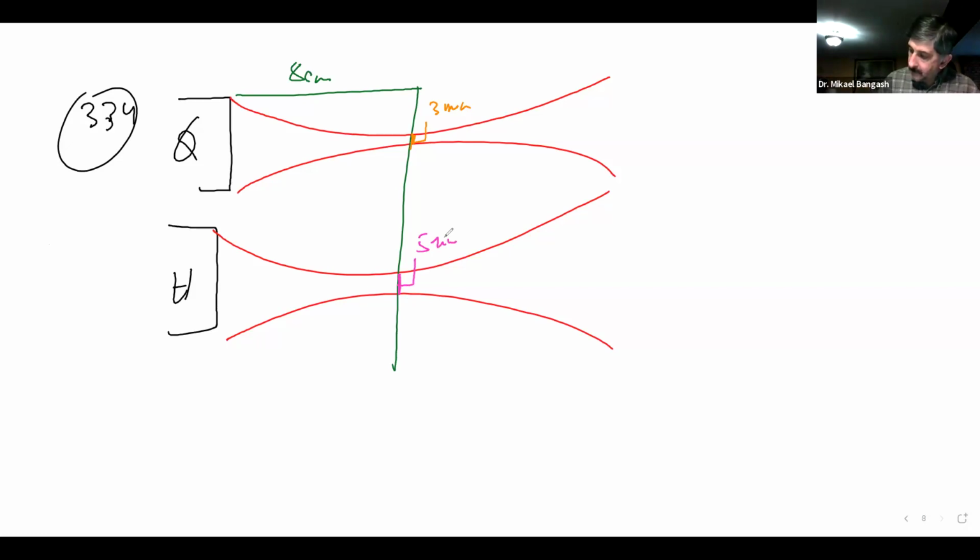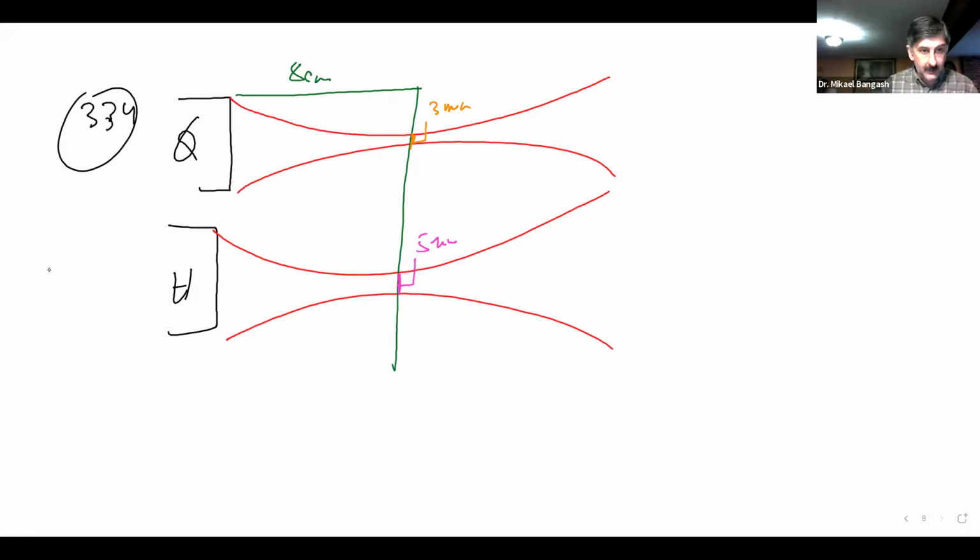Now, which system will correctly display two small structures at a depth of 8 centimeters? The objects are side by side and 0.4 centimeters apart.